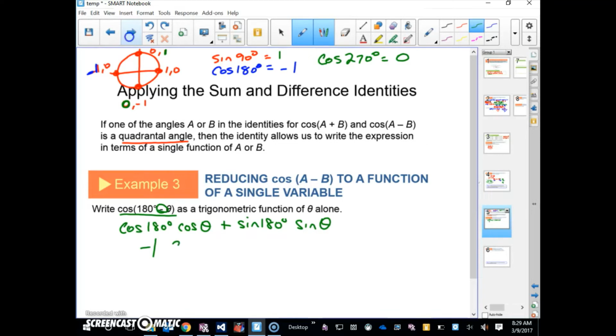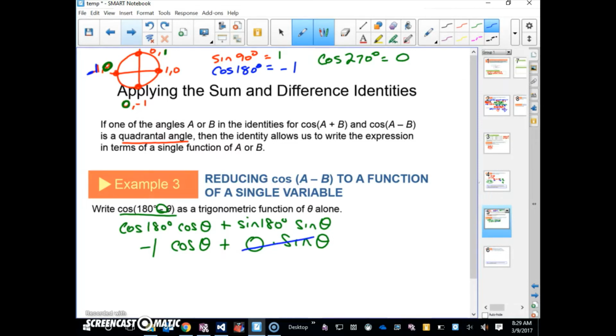So we have negative 1, and we don't know what cosine theta is, but that's okay. Plus sine 180, we should know sine 180. What's sine 180? 0, right? Sine 180 is the y coordinate, which is 0. So if I clean this up, 0 times sine theta is just 0, that's going to cancel out.